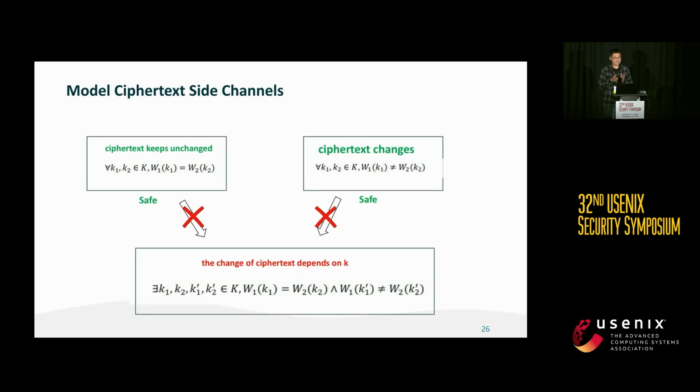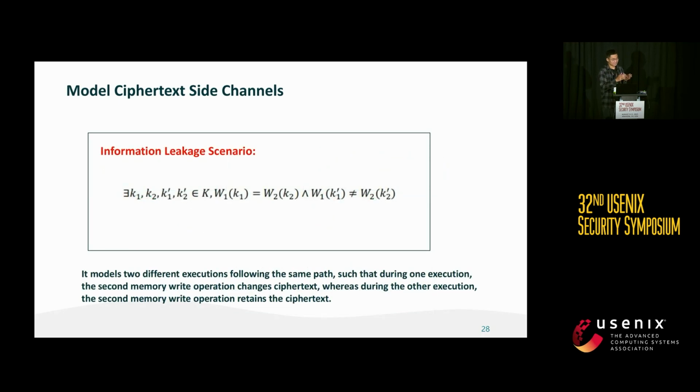And when neither of these two cases is satisfied, we define that information leakage occurs, which means that the changes of ciphertext depend on the secret key. The information leakage scenario models two different executions following the same path. During one execution, the second memory write changes the ciphertext, and during the other execution, it retains the ciphertext.